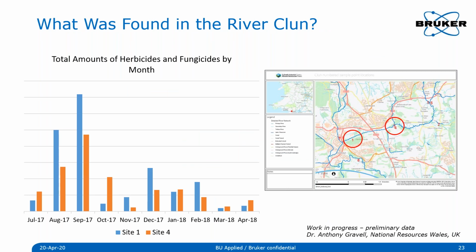So here we're looking at the distribution of relative abundances of herbicides and fungicides by months at 2 different sampling points. So site number 4, shown in orange on this graph, is located right after the local wastewater treatment plant. And site number 2, shown in blue, is located a few miles downstream in the city.